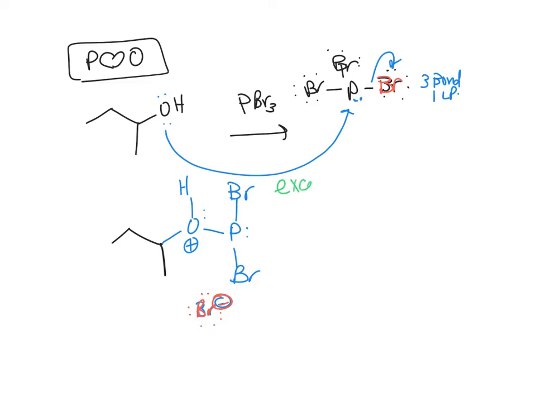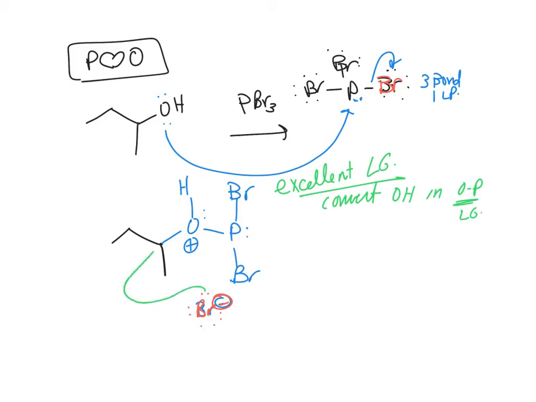This is an excellent leaving group. So it's kind of like that zinc chloride, but now we've converted the horrible leaving group, OH, into an O-phosphorus leaving group. And so now we have an SN2 reaction. So this is an SN2 because bromide's a great nucleophile, and you get this. So you're also going to get inversion of stereochemistry.